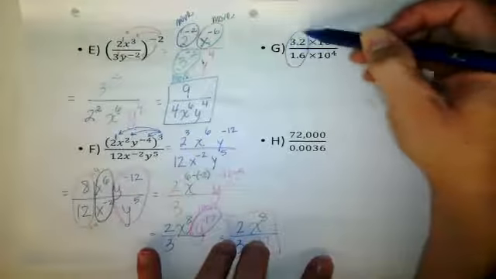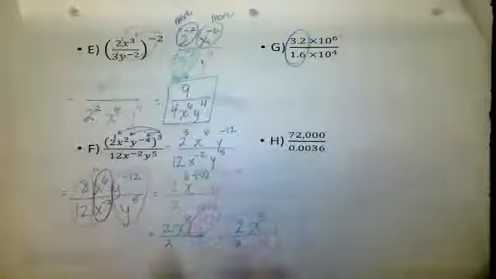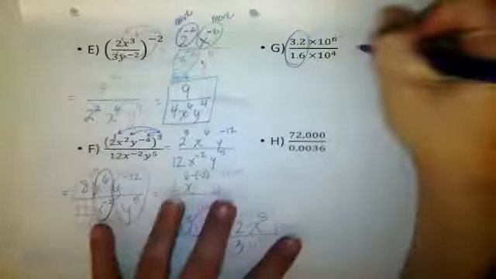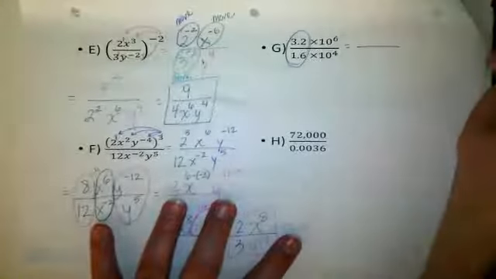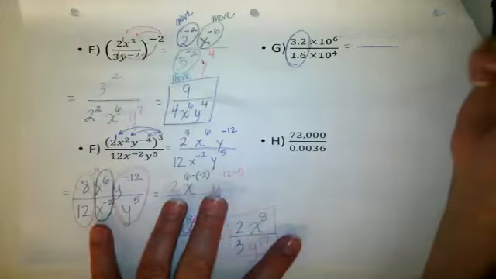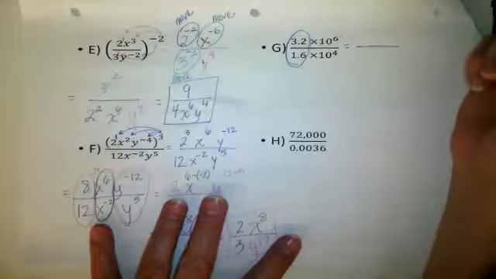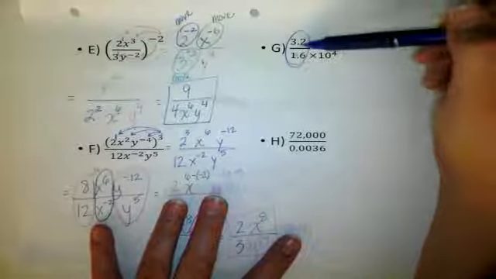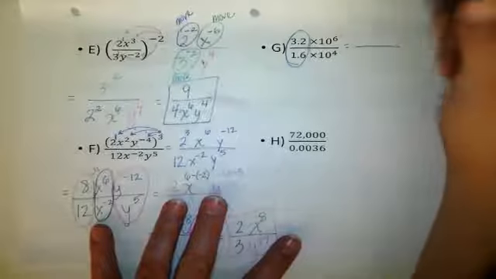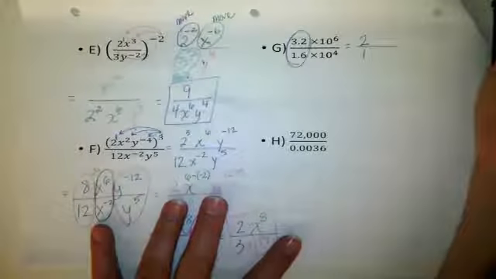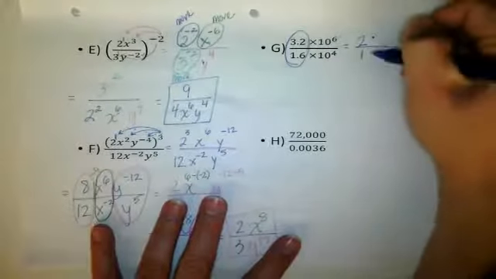We have a number here. 3.2 divided by 1.6. What is 3.2 divided by 1.6? Also known as 32 divided by 16. 2 over 1, just 2. And then we have times.